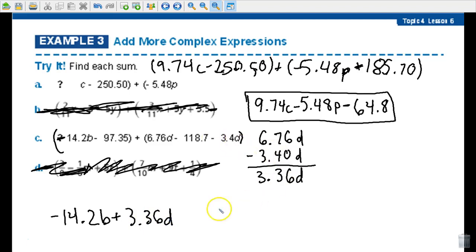So now all I'm left with is negative 97.35 plus negative 118.7. Two negatives adding to each other, so my answer will be negative. And if you add them together on a calculator, you'll get negative 216.05. Okay?